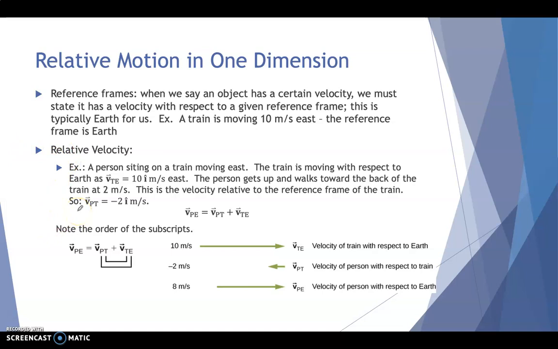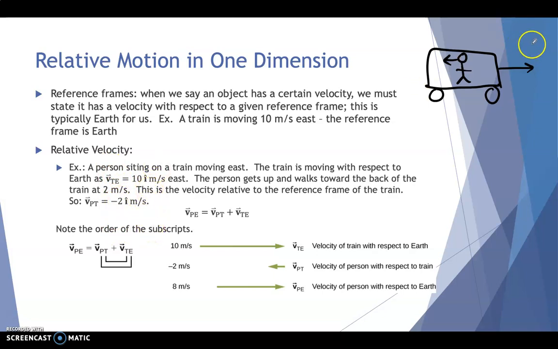So for an example of relative velocity, if we have a person sitting on a train, okay, and the train is moving east, and then the person gets up and starts moving west, the person's velocity relative to the train is going to be in the negative direction of the train movement.